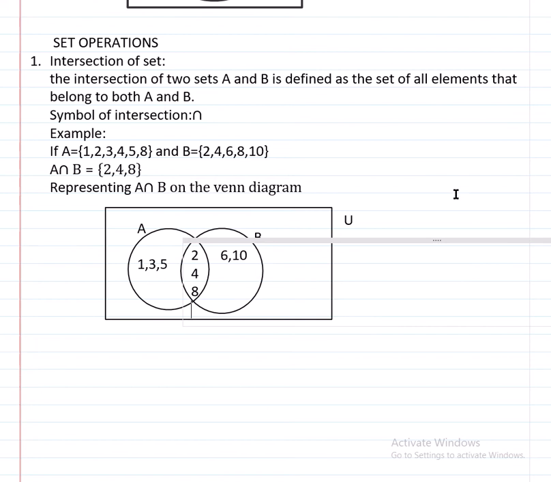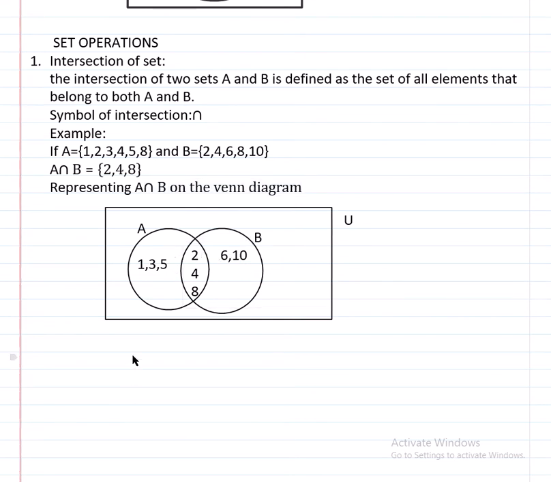So this is how we will represent what we have on a Venn diagram. So we have our 1, 3, 5 intersecting with 2, 4, 8 of set B, and therefore we write 6 and 10.